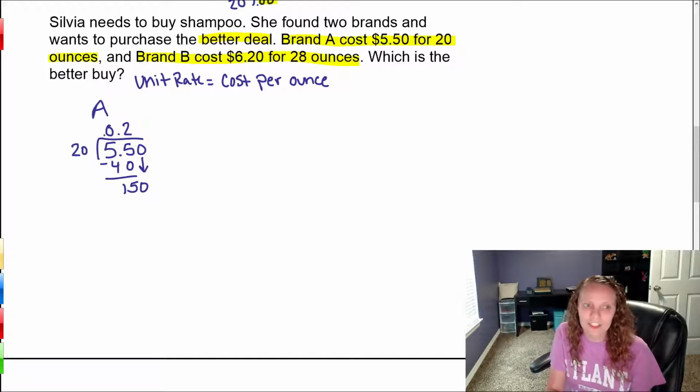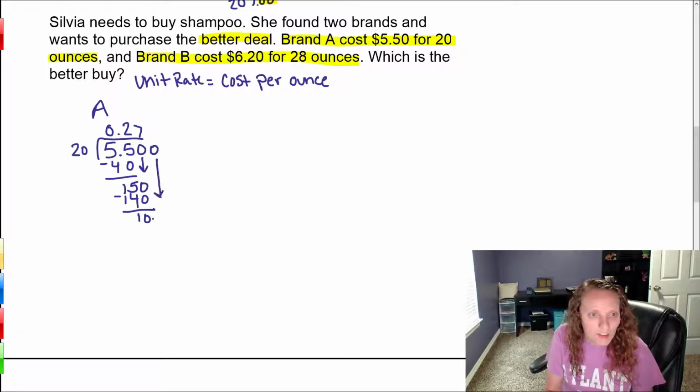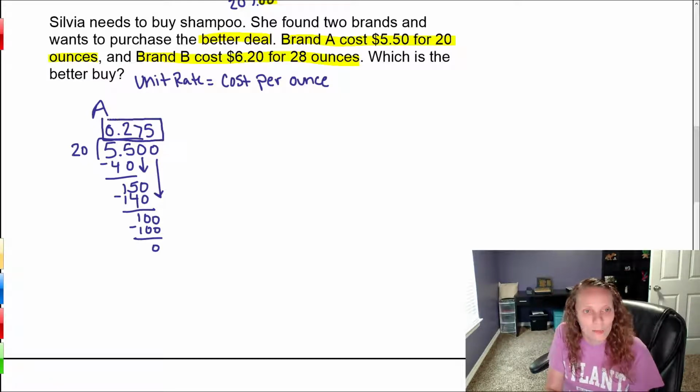I know this because 2 times 7 is 14, and so 20 times 7 is 140. And then we'll have 10 left over. I'm going to add a 0, bring it down. 20 goes into 100 5 times. And we are done.